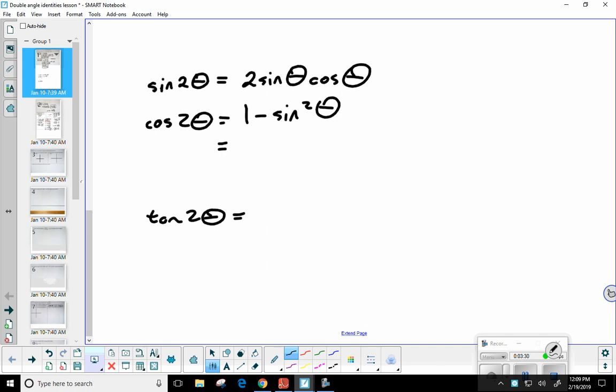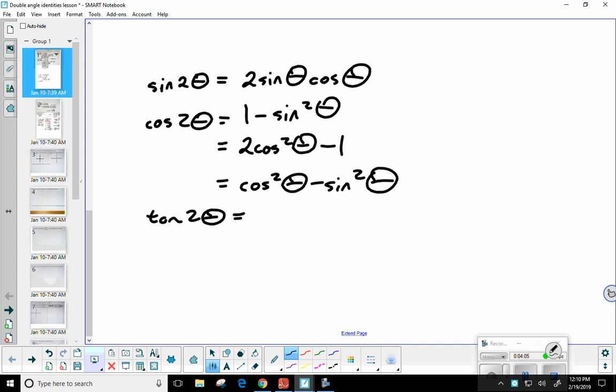We're missing the sign and a value. So 2 cosine squared minus 1. And then what's another one, the third? No. It looked almost like your original Pythagorean identity. So cosine squared of theta minus sine squared of theta. Those were the 3 versions that we had yesterday.